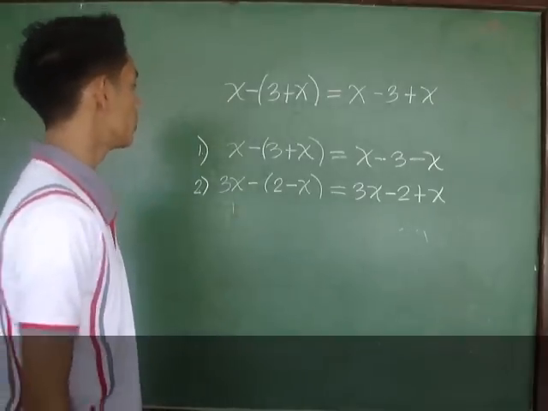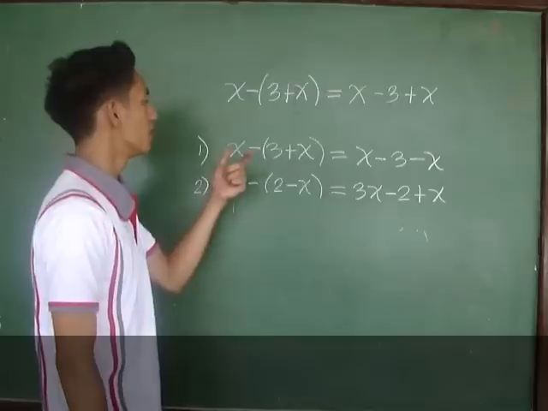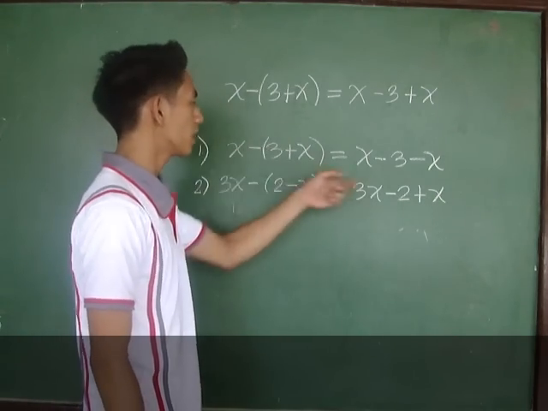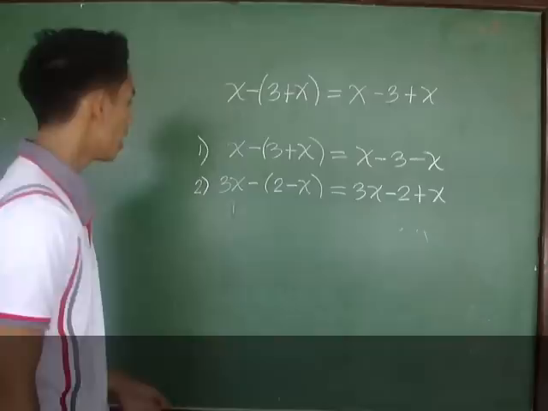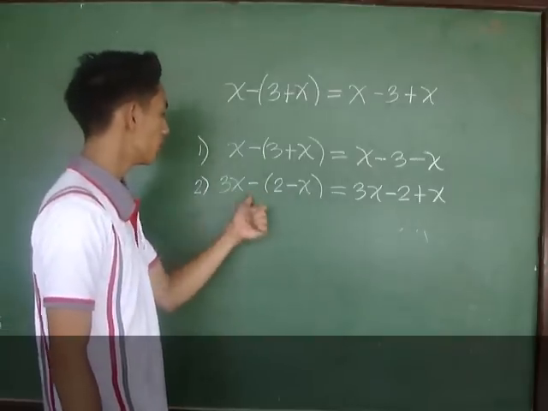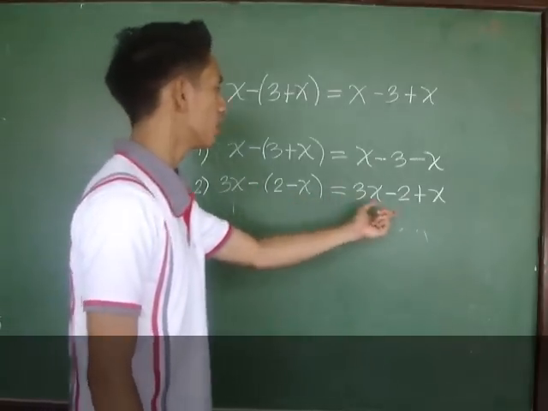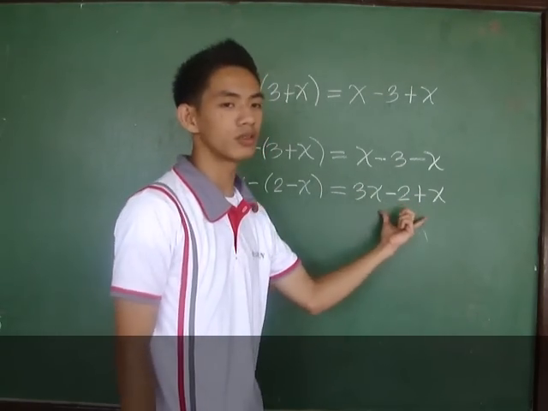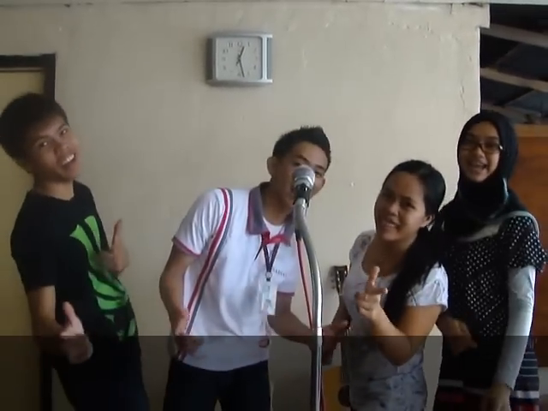The correct way of doing this is that you have to distribute minus to the quantity so that it will become negative 3 minus x. Another example, we have to distribute negative to this quantity 2 minus x. So it will become negative 2 plus x. So the whole equation is 3x minus 2 plus x.